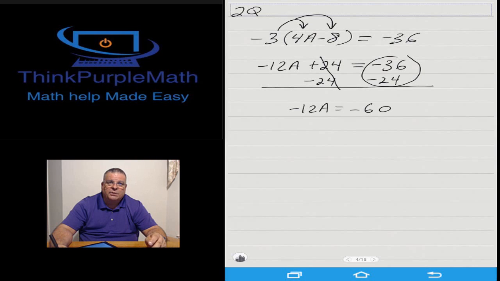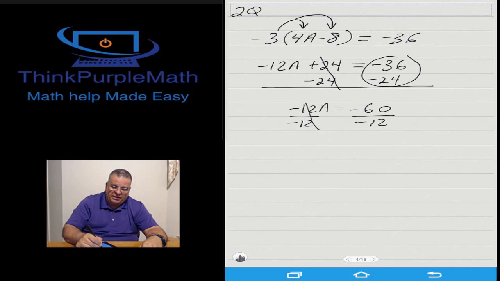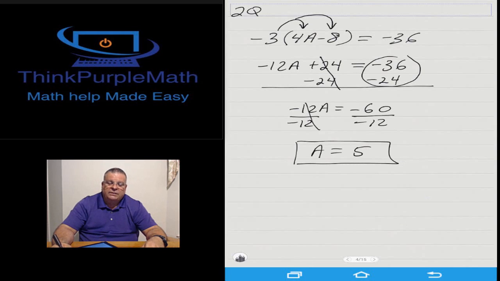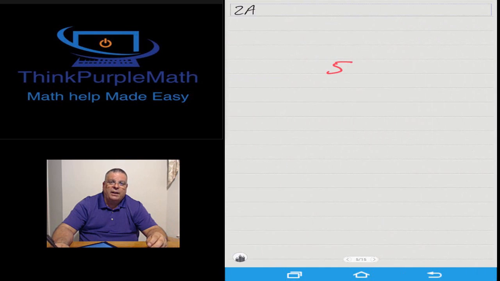Negative 12a equals negative 60. Divide by negative 12, and a is equal to a positive 5. And you can verify that if you'd like by plugging 5 back in the original equation, and it would come out. There's our negative 5.